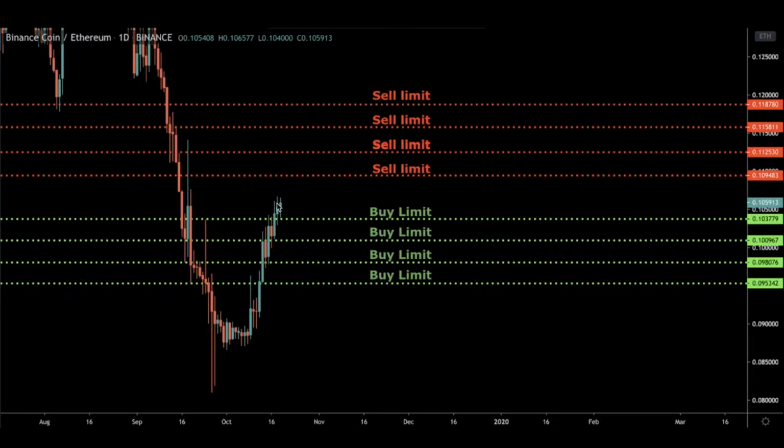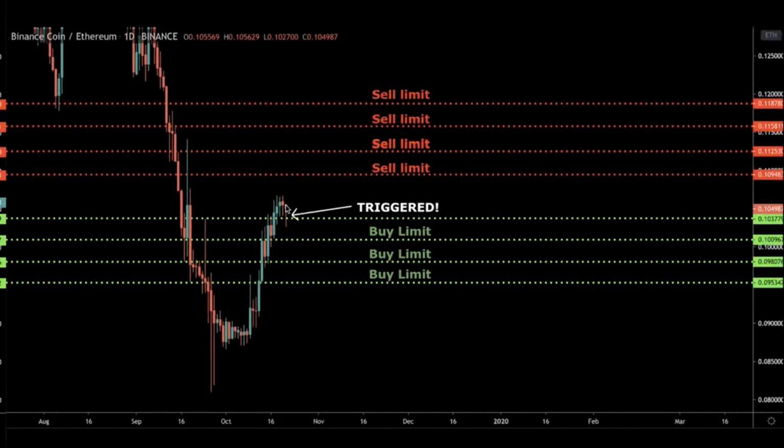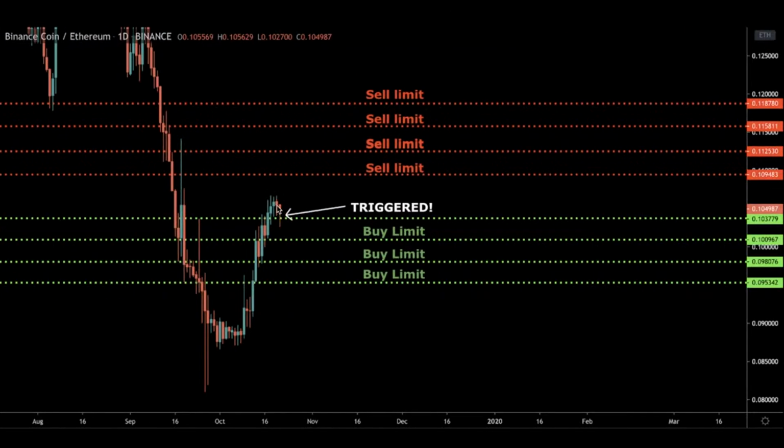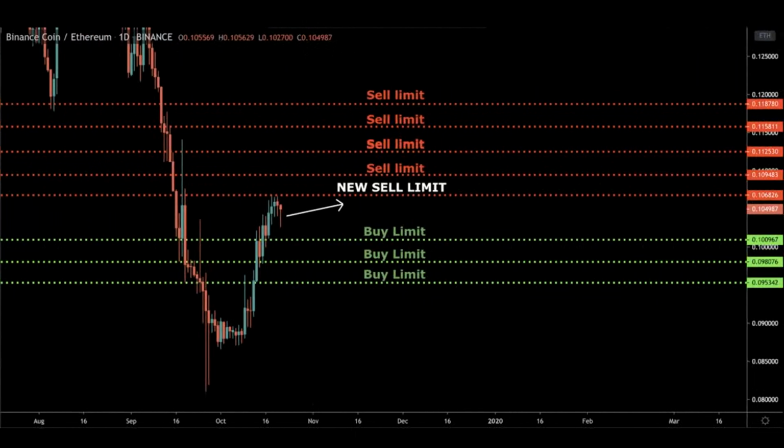So as the price is moving, and you can see it has moved downwards and triggered the buy limit order, that means the bot will now buy, in this case BNB, using Ethereum. And as soon as it buys, a new sell limit order will be placed right above the executed buy limit order.